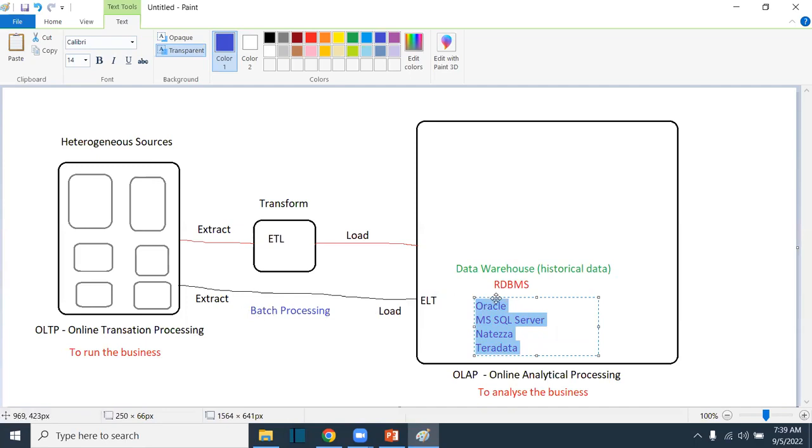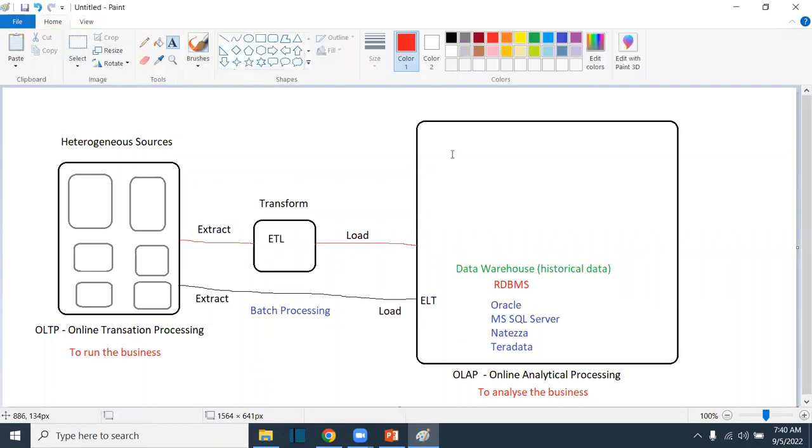It will handle only the on-premises server. On-premises means the company maintains the server. They will maintain the Oracle server, SQL Server, Netezza, Teradata, all this. On-premises server.